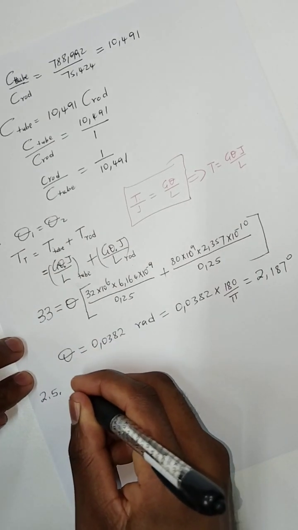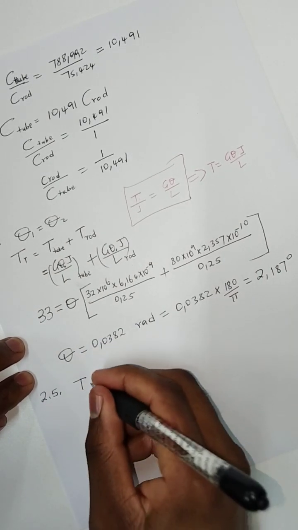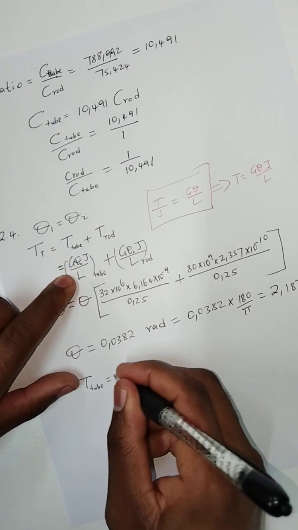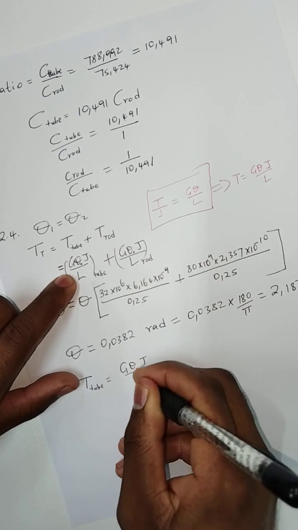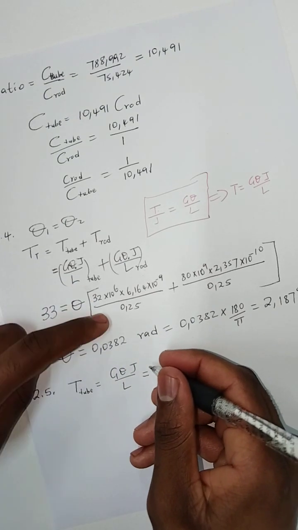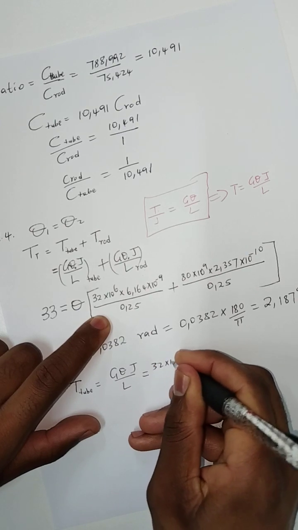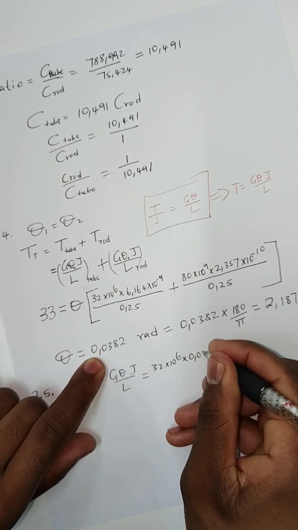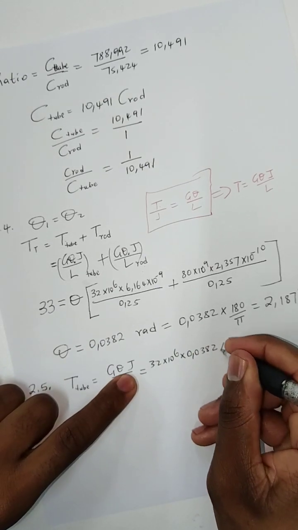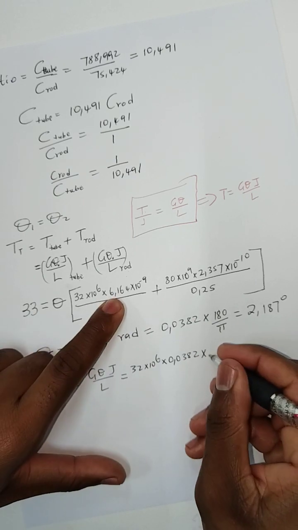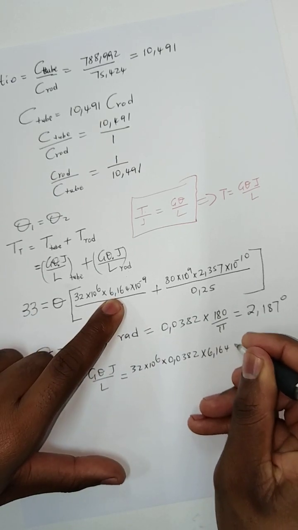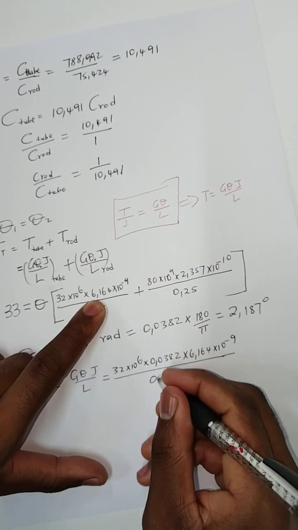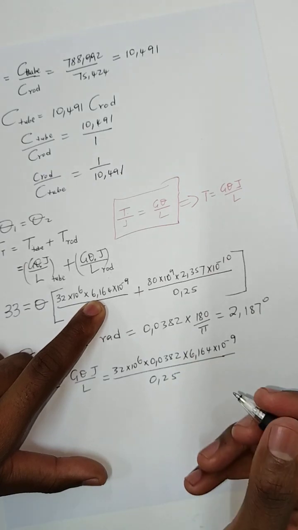For the torque for the tube, it's still the same thing. You use G theta J over L. G is 32, theta is 0.0382, J is this, over L, which is 0.25.